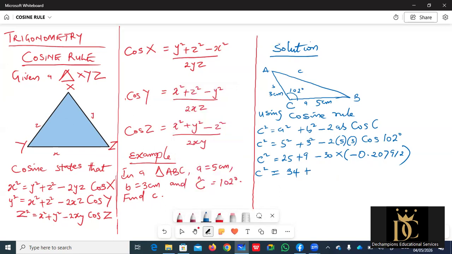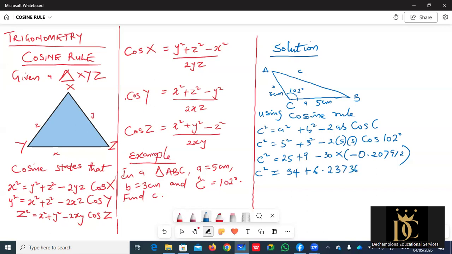That's plus. Then 30 times, use your calculator to get that, 30 times 0.207912. That will give you 6.23736.